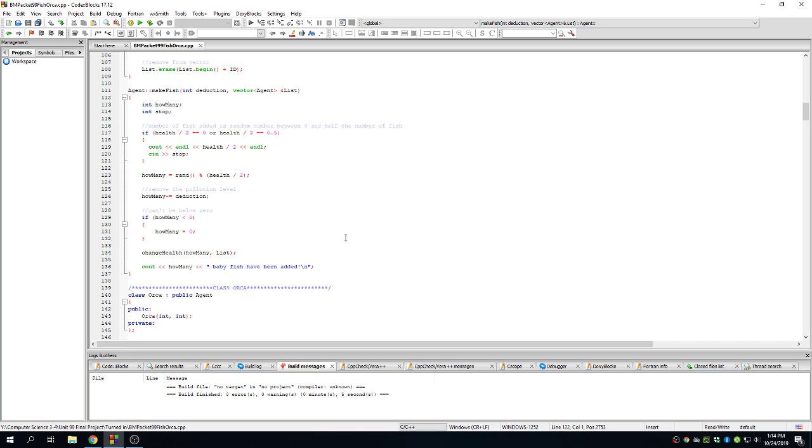In order for a fish to reproduce, it would have to be every 40 frames, and as each fish represents 100 fish, they didn't have to be next to each other. It was just that the fish added would be a random number between 0 and the health, divided by 2, and then minus the pollution level, so that's another way that the pollution level impacted the simulation.